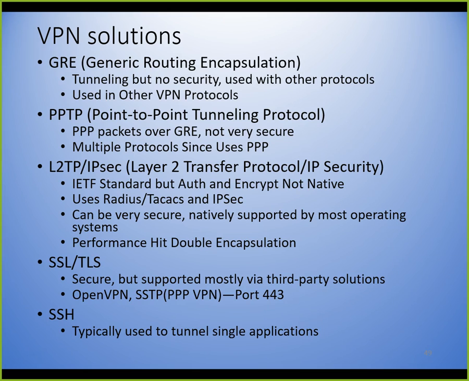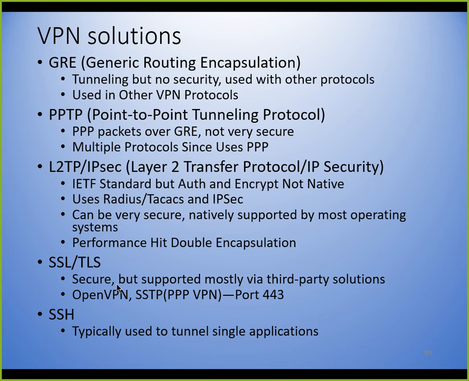SSL/TLS, the one that we looked at a little earlier, is secure, but supported mostly via third-party solutions. OpenVPN, SSTP, Secure Socket Tunneling Protocol, point-to-point protocol VPN, and these are going to use port 443. And secure shell is typically used to tunnel single applications.